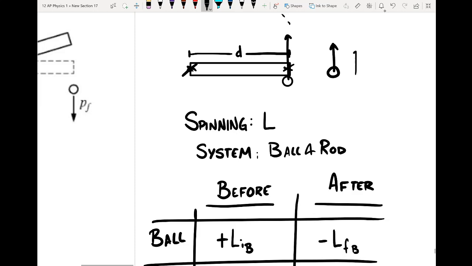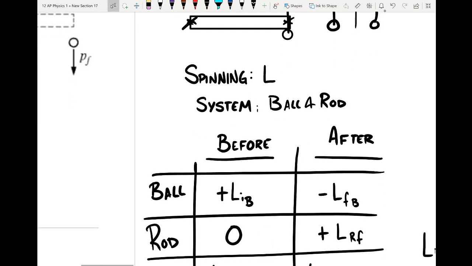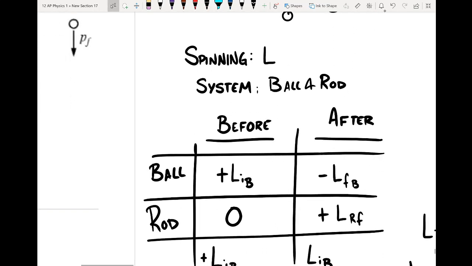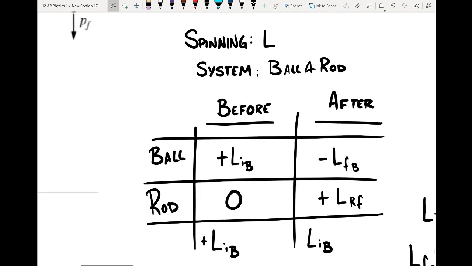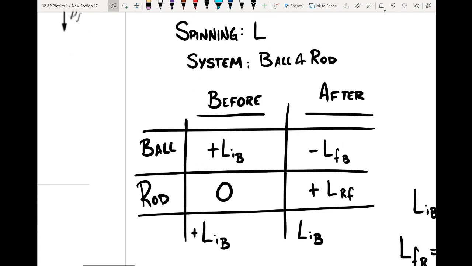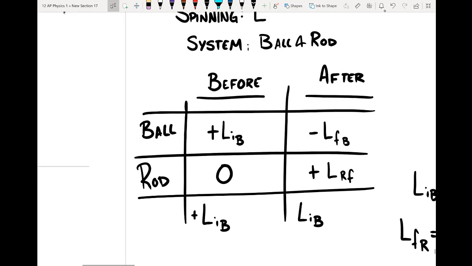So it has this initial positive angular momentum. And the rod is not moving initially, so it has no angular momentum. So the total angular momentum in our system is just L initial of the ball.